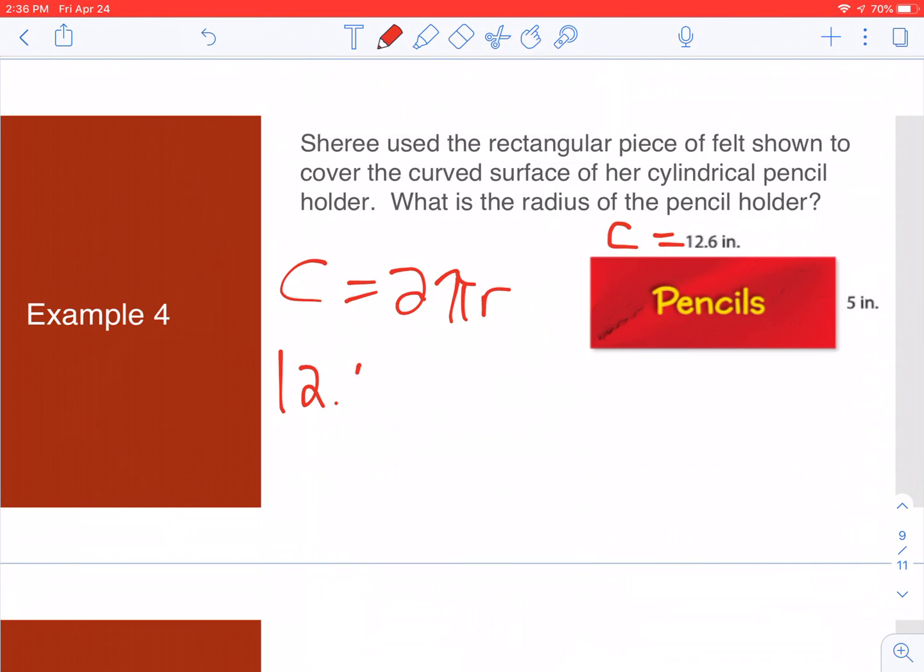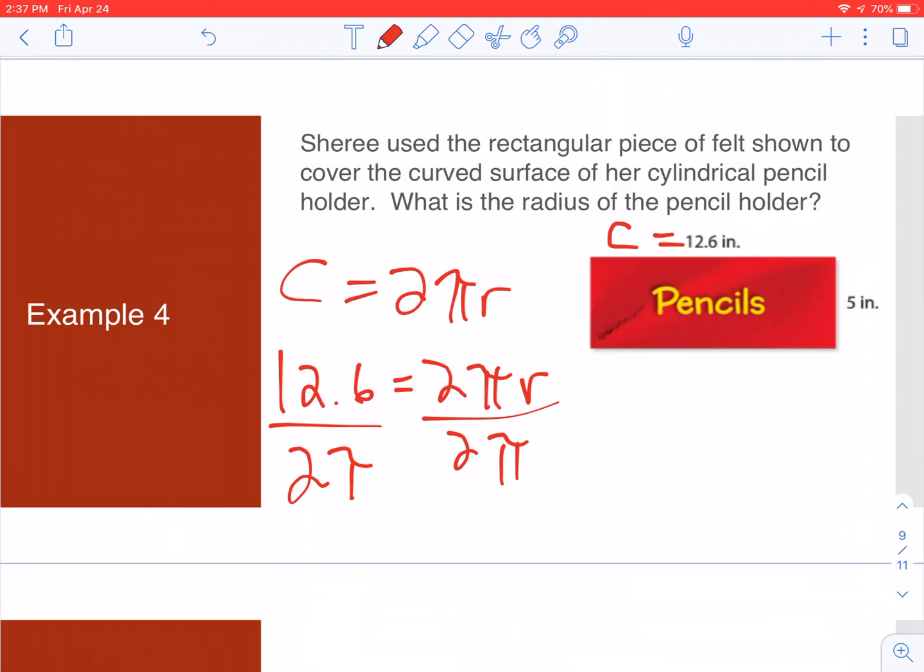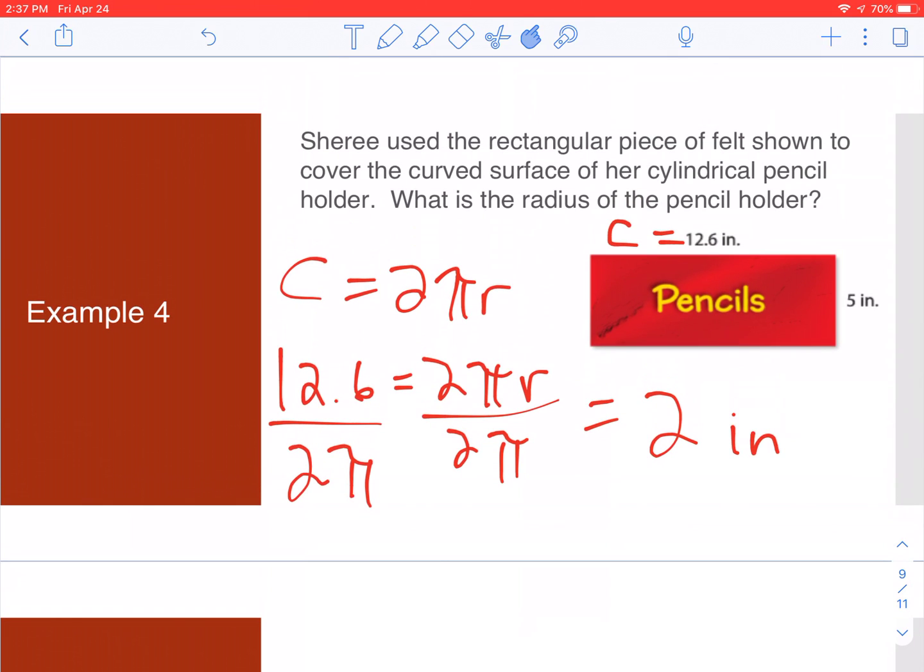So 12.6 equals 2 pi r, divide both sides by 2 pi, and 12.6 divided by 2 pi equals about 2 inches, which will be the radius, once we take that rectangle and wrap it into a cylinder. Okay, that's it for 12.2. Make sure you ask questions if you have them.